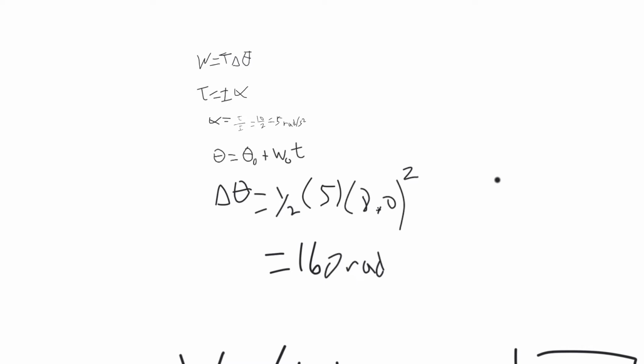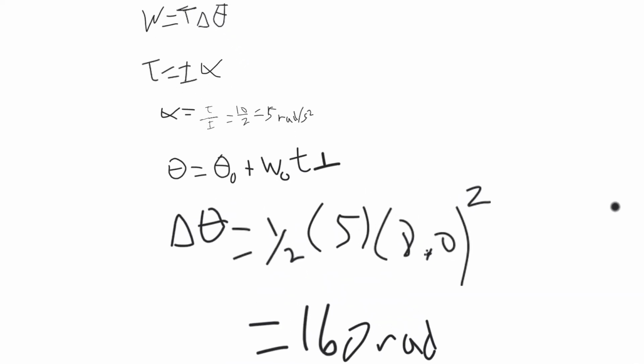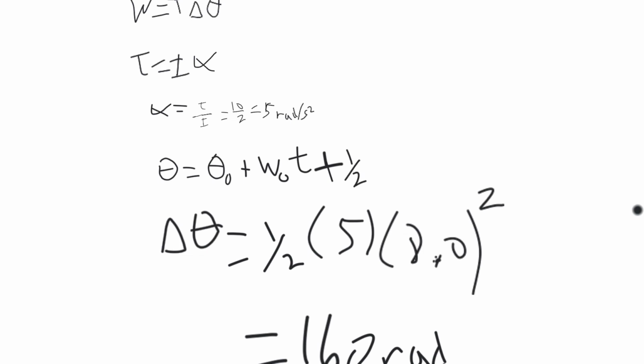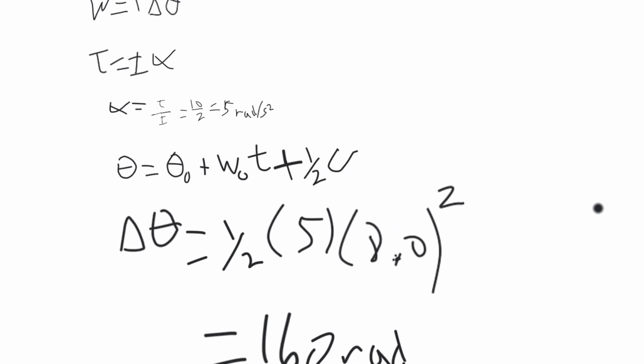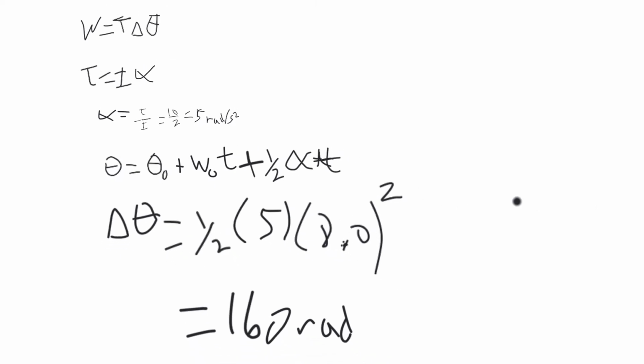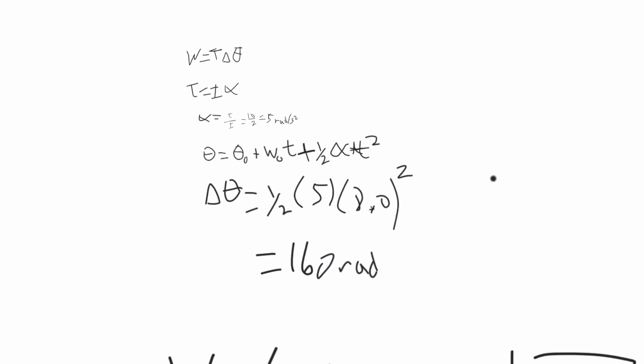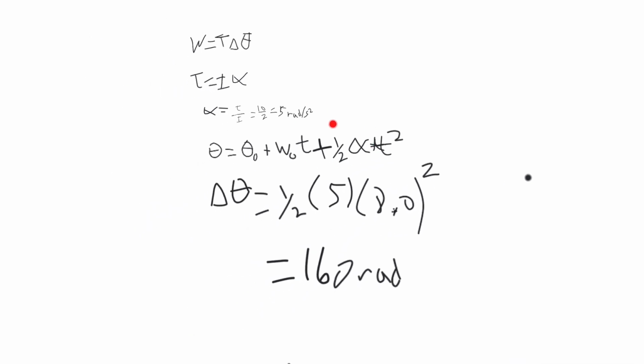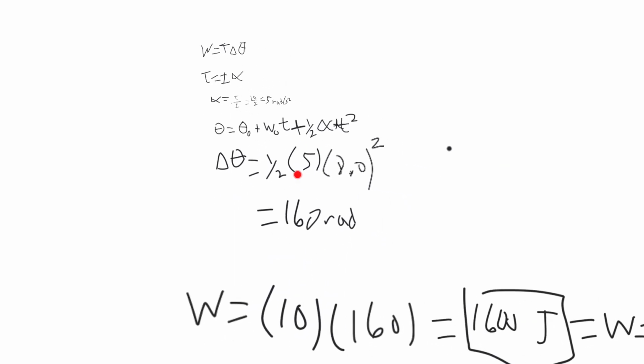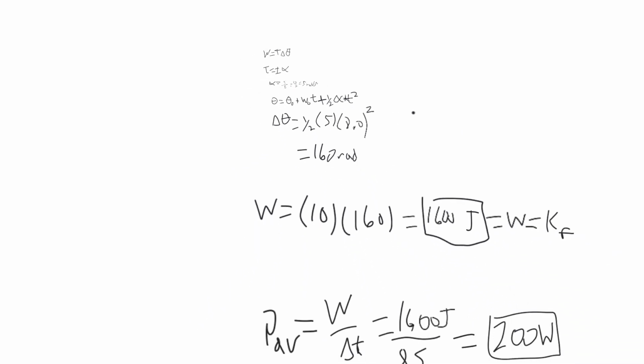It should actually just be plus half of alpha t, or sorry, no, just t squared, right? And what we're really writing is just this section, because this is all zero. So then we get half of 5 times 8 seconds squared, right? The alpha is 5, which we got before, and we get 160 radians right here.